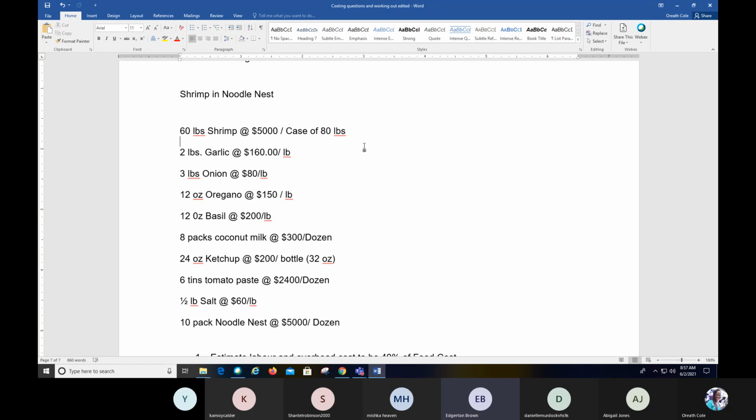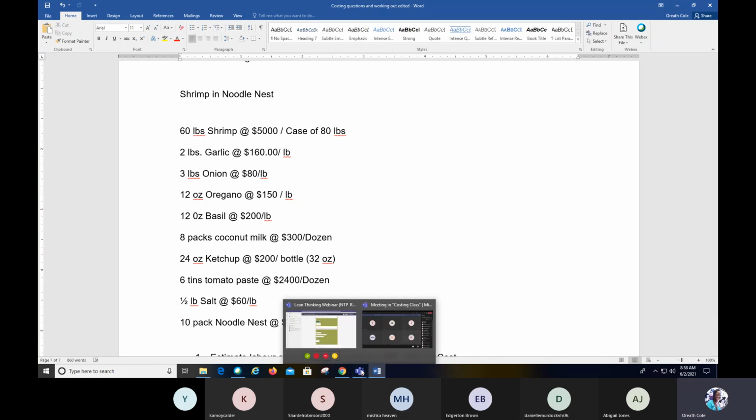So I think it is saying that 60 pounds of shrimp at $5,000 would be like 80-pound cases, miss. All right, thanks for the effort. Anybody else want to try? Please try.